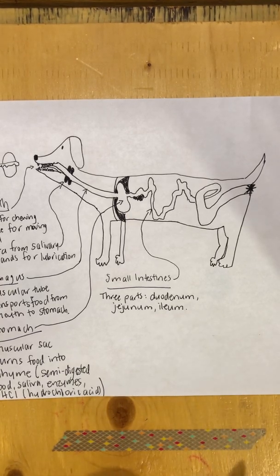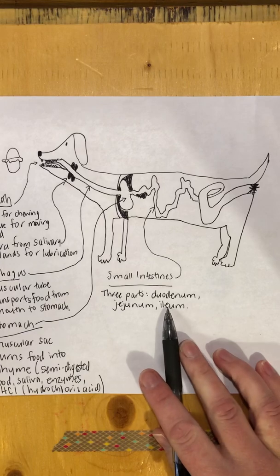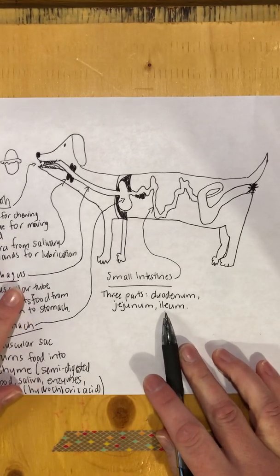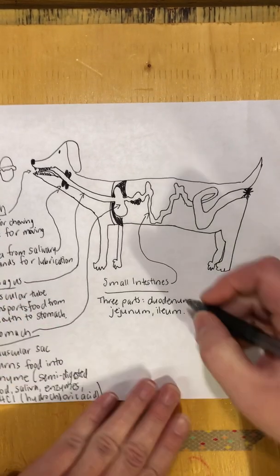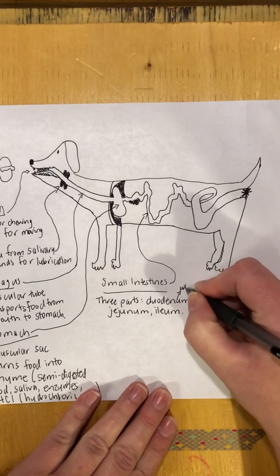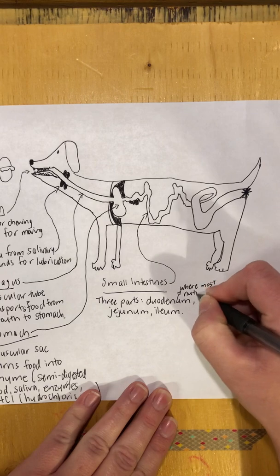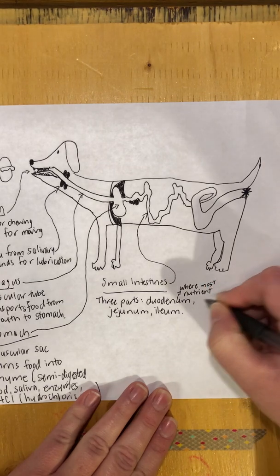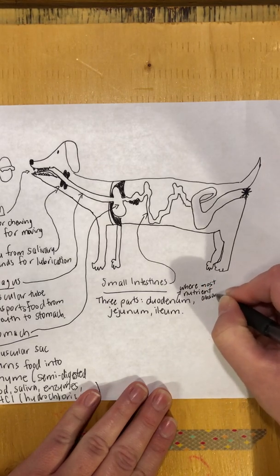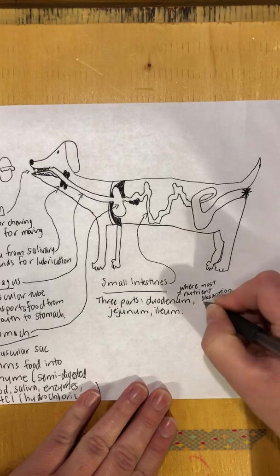So make sure you pay close attention that E is for the intestines. So there's 3 different parts. The jejunum here is where most nutrient absorption takes place.